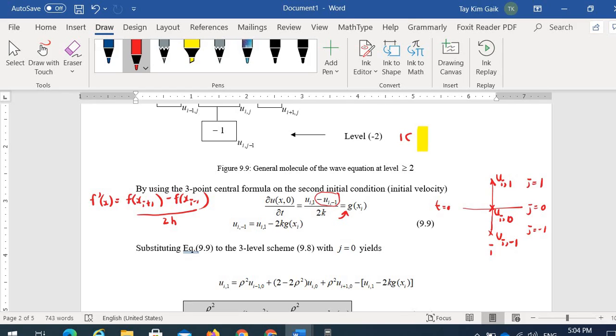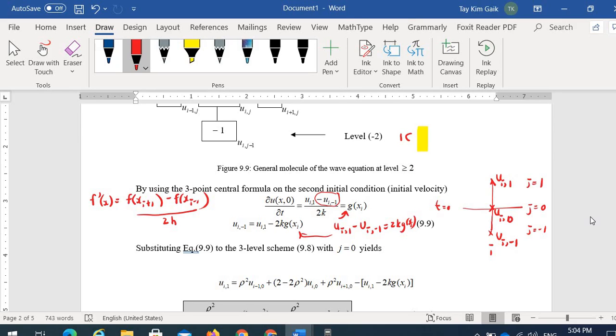So you got 2k, and then when you have u_(i,1) minus u_(i,-1) is 2k g(x_i). So this one will be u_(i,1) minus 2k g(x_i).